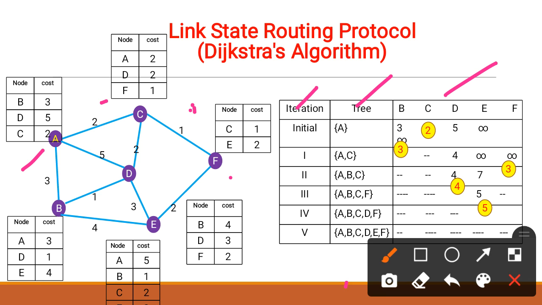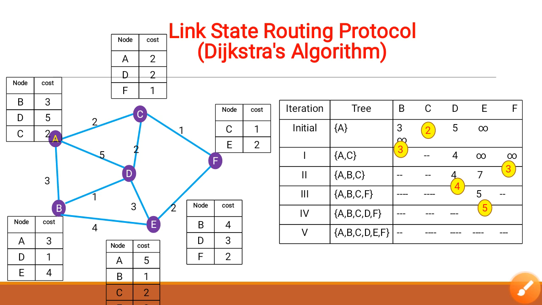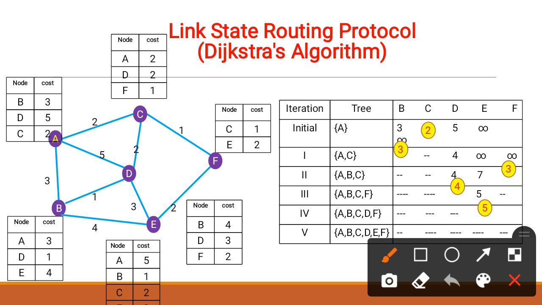Okay, so we will start with node A. In the initial iteration we write node A, and after that whatever nodes remain are written here: B, C, D, E, F. In the first iteration, A is directly connected to B, C, D. So from A, the distance for B is 3, for C it is 2, and for D it is 5.